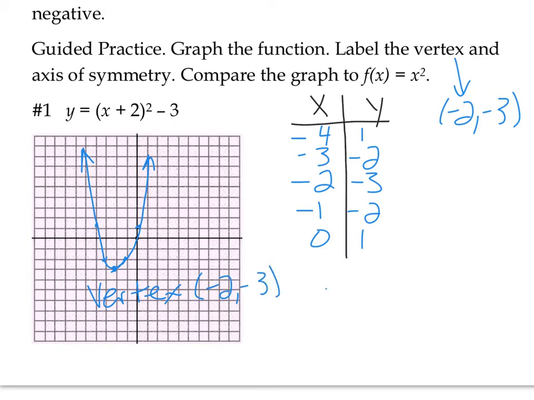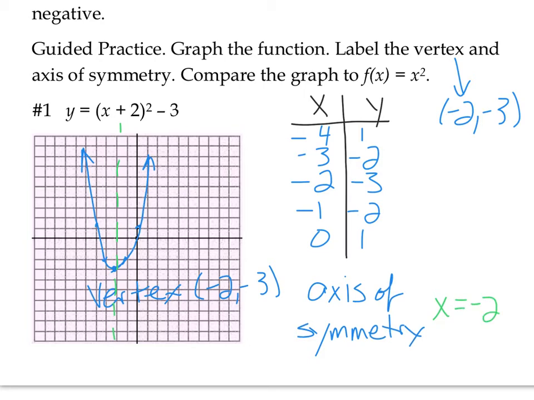The axis of symmetry is going to be a vertical line that goes through the vertex. So I'll put it in a greenish color here, this vertical line that goes straight down through the vertex. It's going to have an equation of x equals -2.